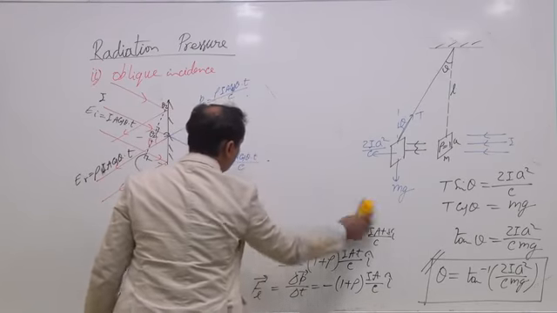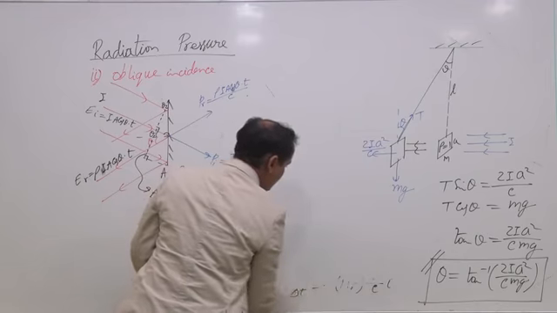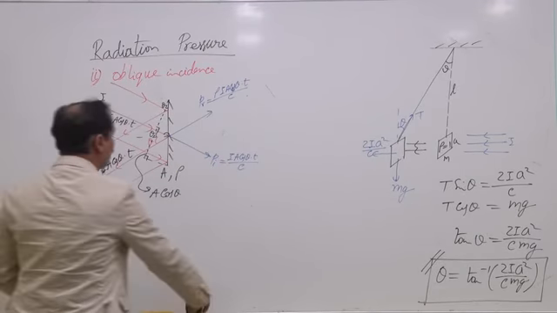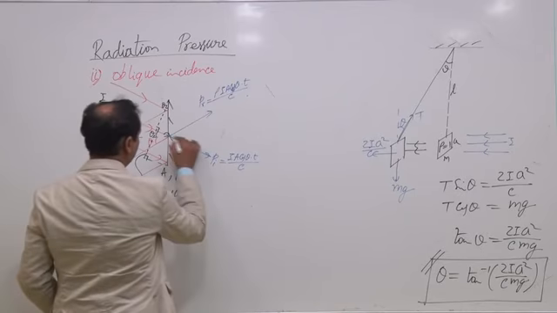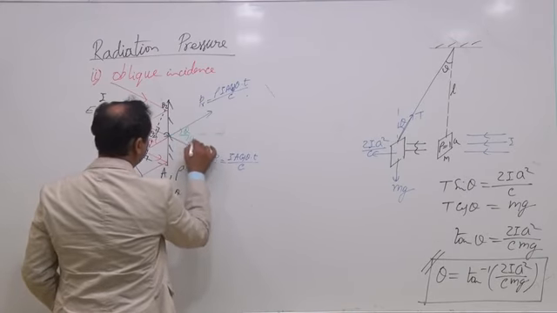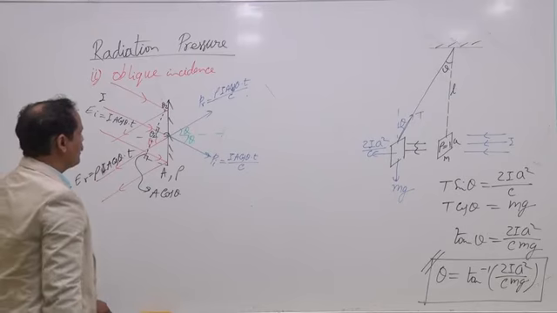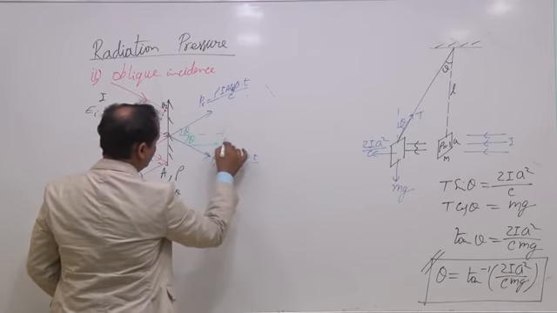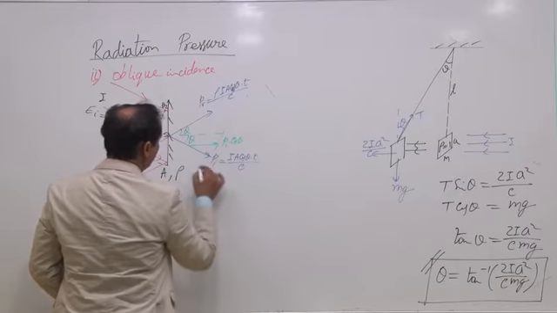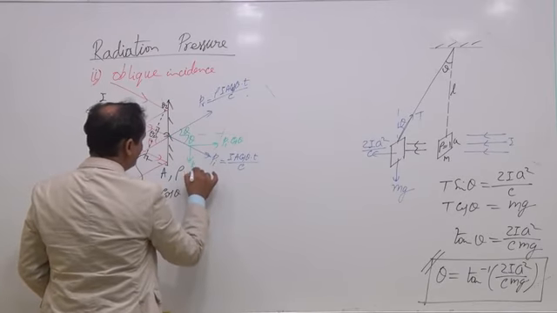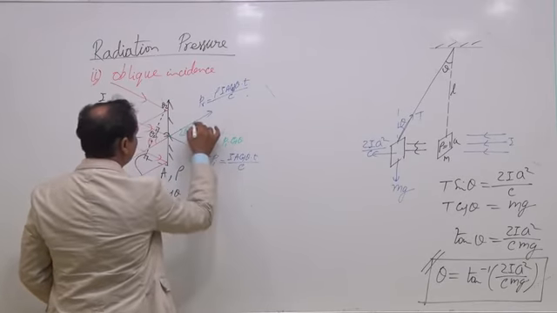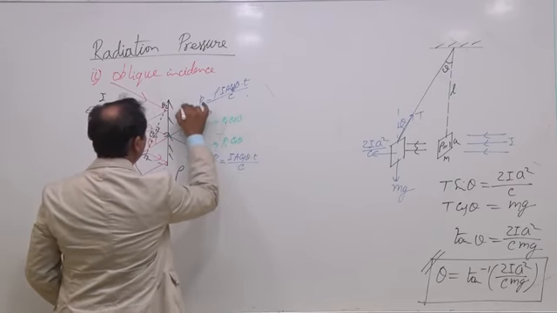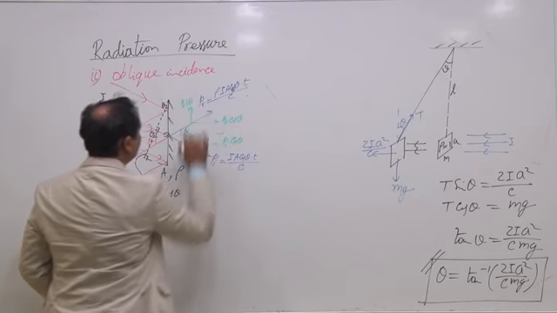These momenta give a net change in momentum, as these angles are also theta. So normal to the surface, the components are P_I cos theta, P_I sin theta, and P_R cos theta, P_R sin theta.